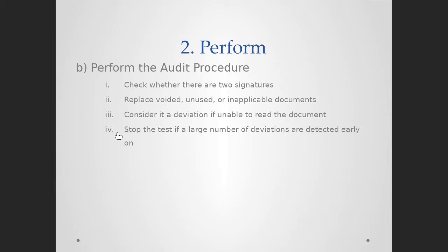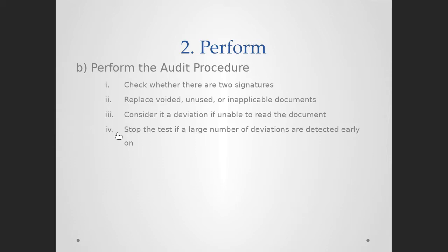The fourth item under performing the audit procedure is stop the test if a large number of deviations are detected early on. Now, let's say you have 50 in your sample size, and in the first 10, you find 5 deviations, right? 50% deviations, and your tolerable is only 2 or 3 out of 50.